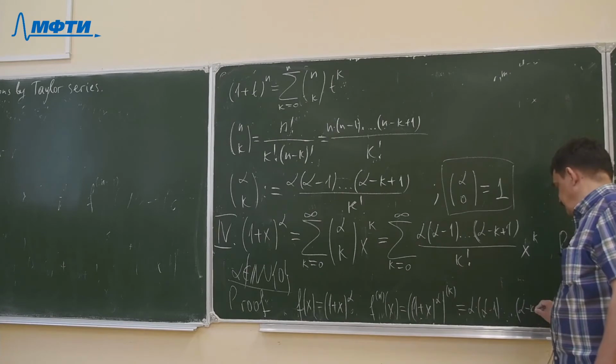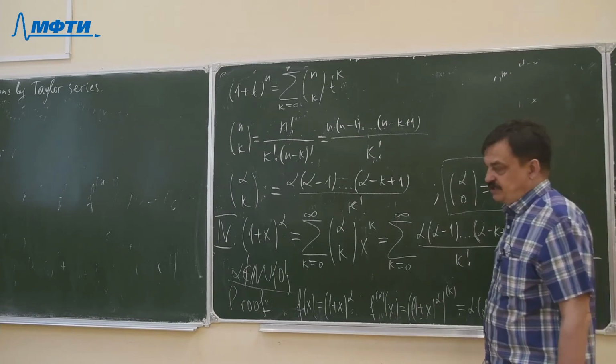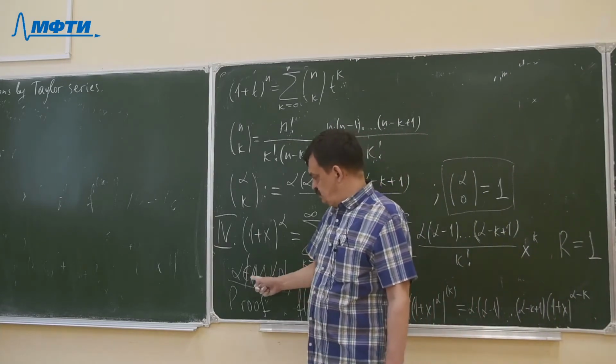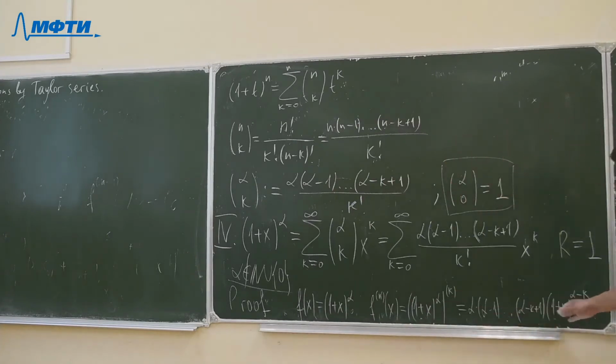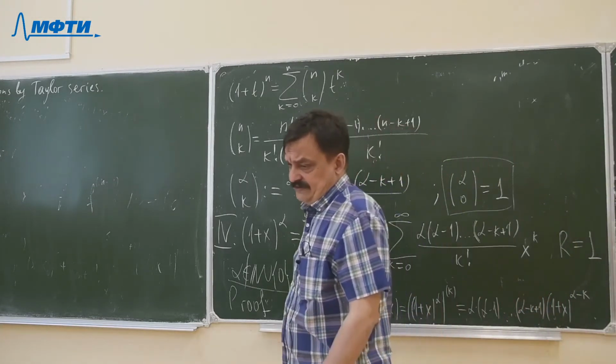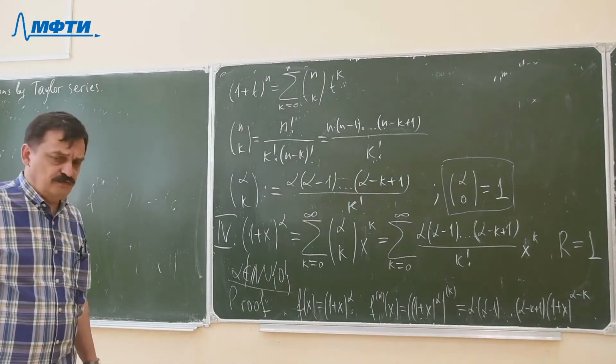That is (1 plus x) to the power alpha minus k. That is the result of differentiation, and that is why I should suppose here alpha is not natural. In fact, this formula is valid for alpha natural as well, because one of the multipliers will be 0. But okay, there is a trivial case, we will not consider it.